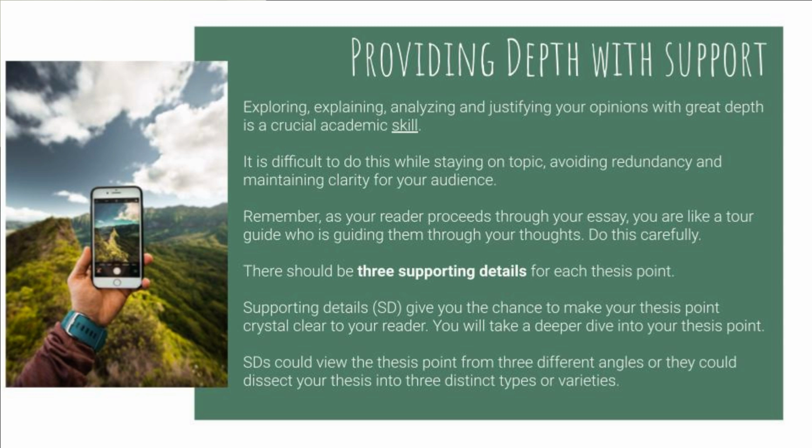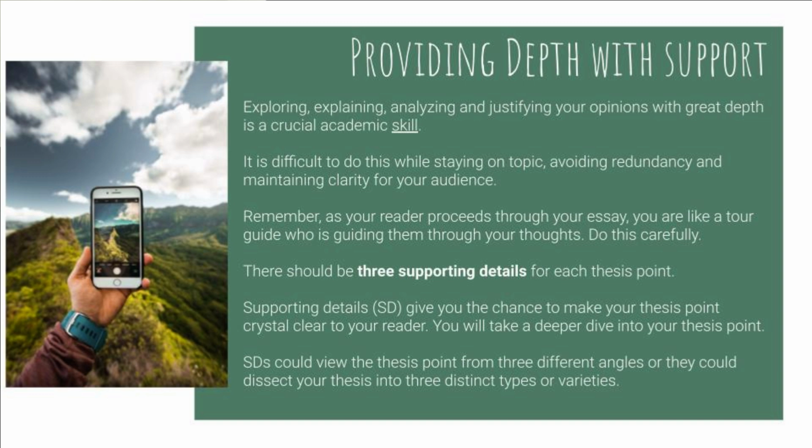So the best thing to do is to have thesis points and supporting details, which are all distinct. And that way you are addressing as many specific things as possible instead of one big blurb or one big blob, one big bowl of soup of your topic, right? Remember, as your reader proceeds through your essay, you are like a tour guide who is guiding them through your thoughts, okay?